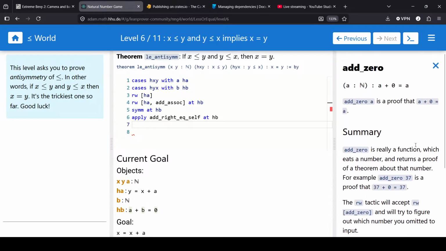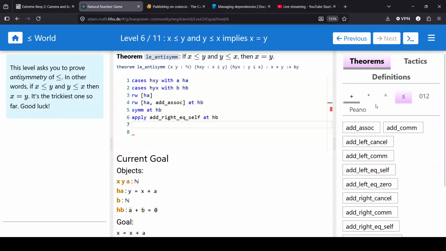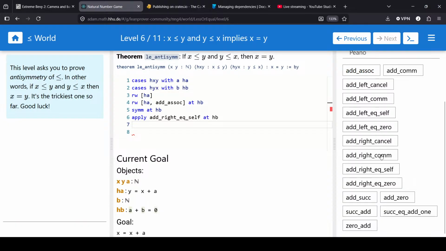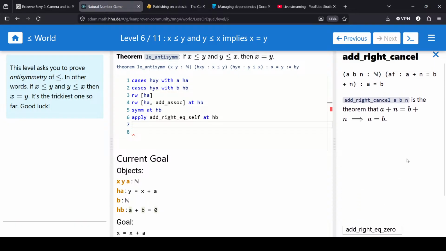Add 0? Well, they have to both be 0, right? So I have to prove that they're both 0 from here. But this looks doable, right? Add_right_cancel, maybe?